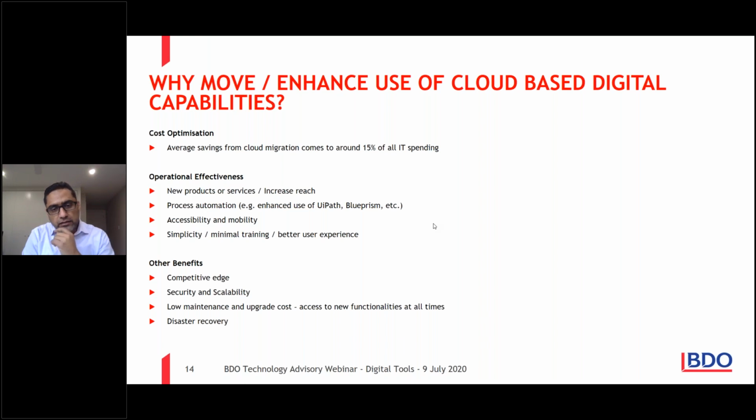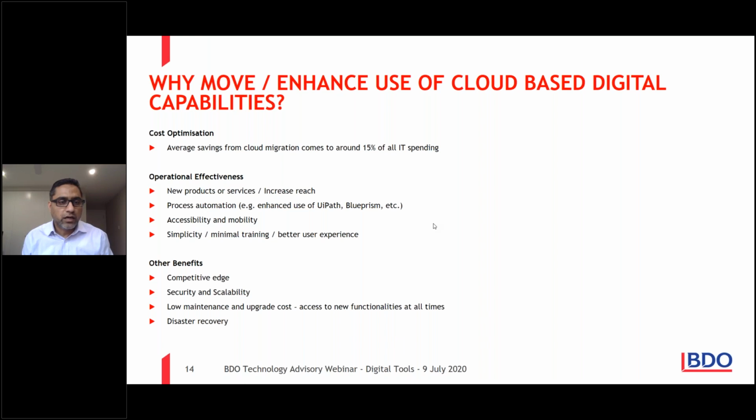The other areas which are equally important, and we should keep them on our radar in terms of how we can create a business case, is around operational efficiency. So the ability to create new products or services or increase the reach.